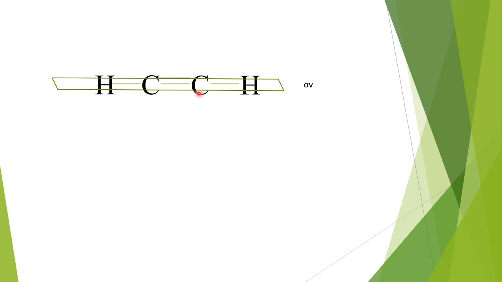Here we have infinite planes which pass through the principal axis, and therefore we have infinite sigma v, infinite vertical planes of symmetry.